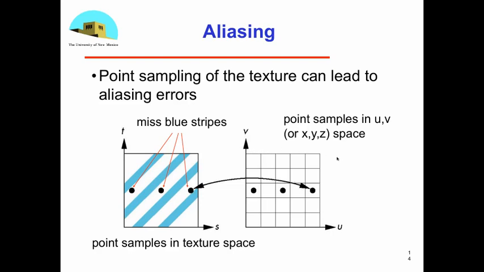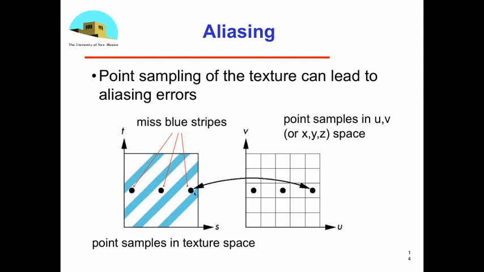If you think of this object as being ruled into pixels here, or the interpretation is exactly the same in parametric space, the parameters go discretely in U and discretely in V, and we take a point at the center for each UV, and we map that back over here to the texture to find the texture value.